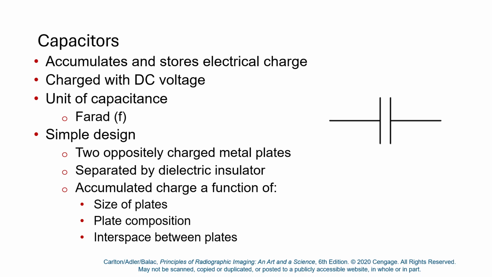So if I stack positive charges on the one plate, you would think that by Coulomb's law in a small distance, they would arc across to the other plate where the negative charges are. And so you would think there would be arcing from this, but if you put an insulating material in between the two plates, there's still electrostatic attraction, but there is no arcing between the two plates.